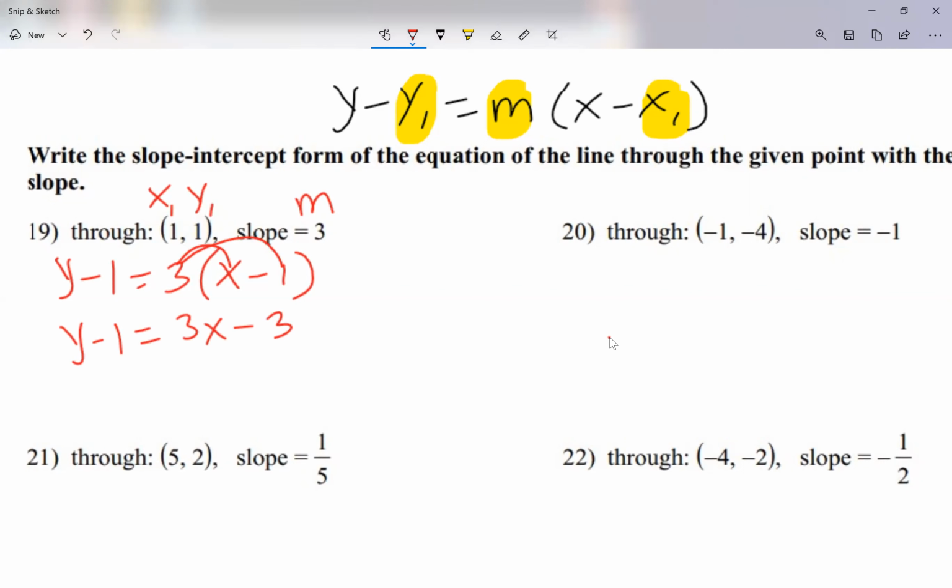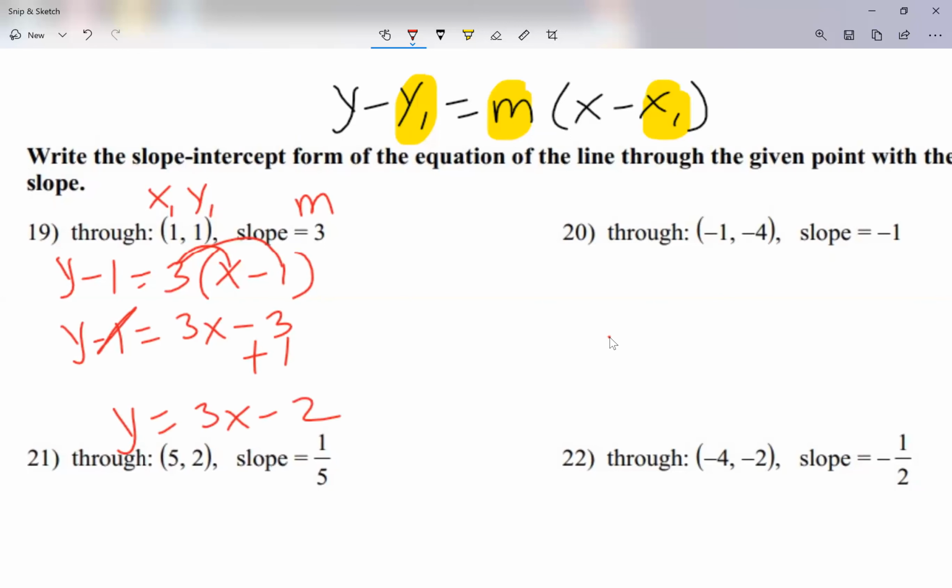And then the last thing I'm going to do, I want to get the y by itself. So this minus 1, I'm going to move it to the other side as a plus 1. Don't forget to switch the sign. And I'm going to write this as y. It's equal to 3x minus 2. Right? Negative 3 plus 1 is negative 2.